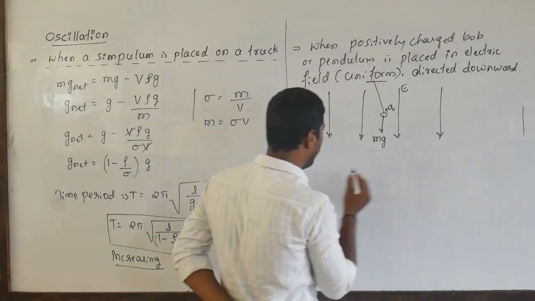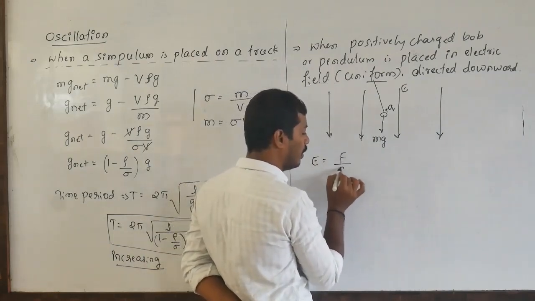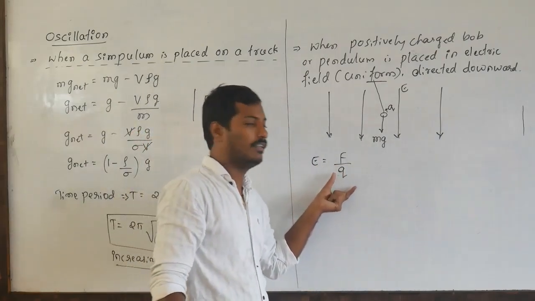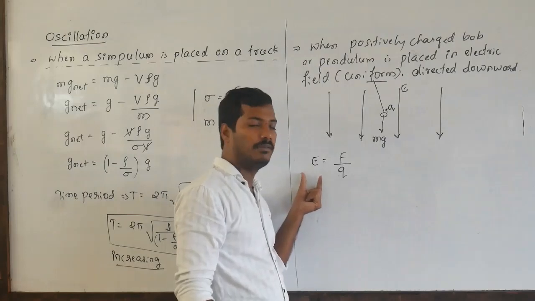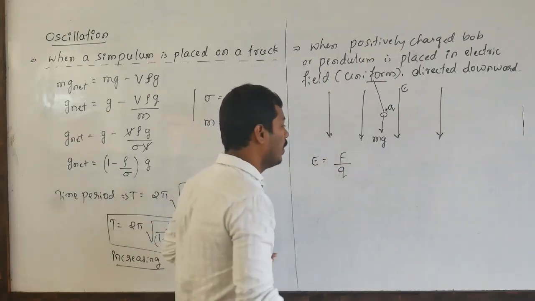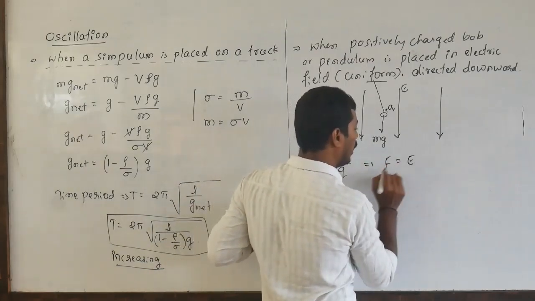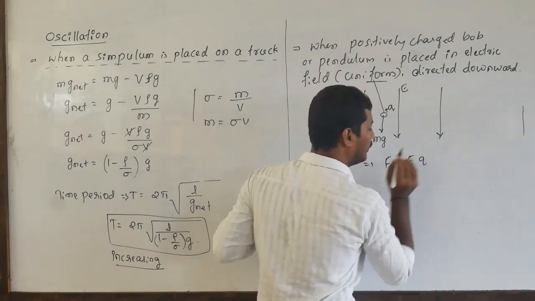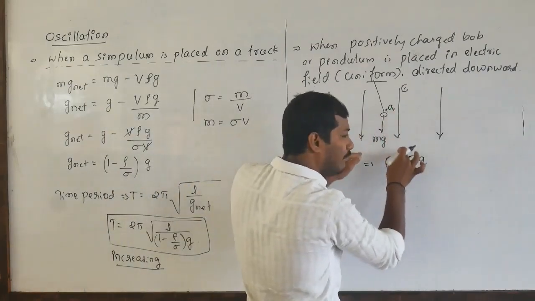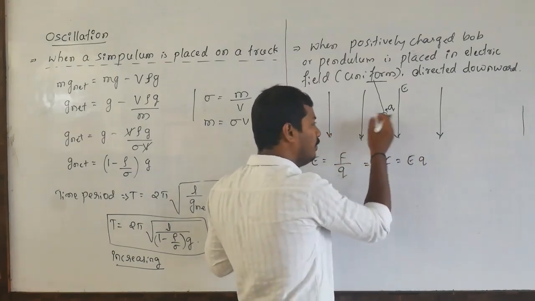The electric field is the force per unit charge, as in the second year, first chapter. So the force is equal to the electric field into the charge, E into Q. Both are in the same direction, so these two forces are added.